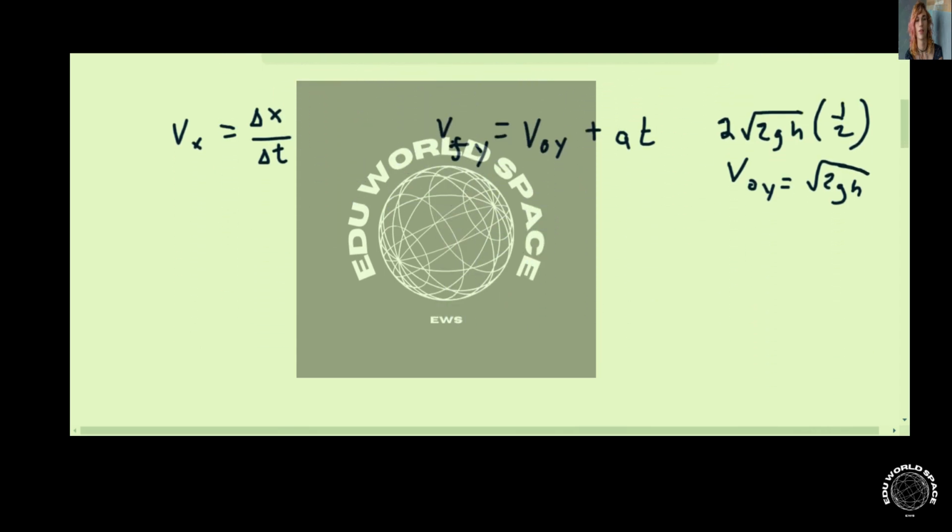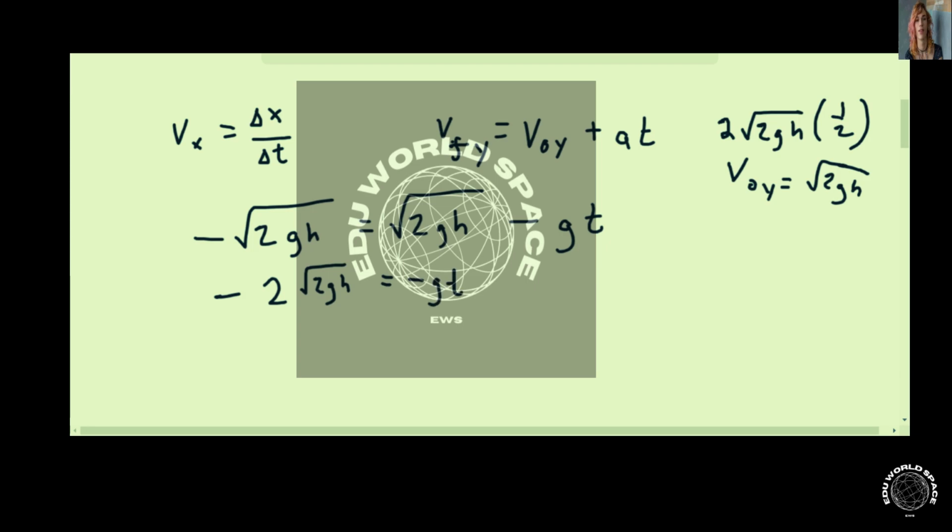So plugging everything in, we have negative root 2gh is equal to root 2gh minus gt. So we're trying to solve for t here. So we have negative 2 root 2gh is equal to negative gt.